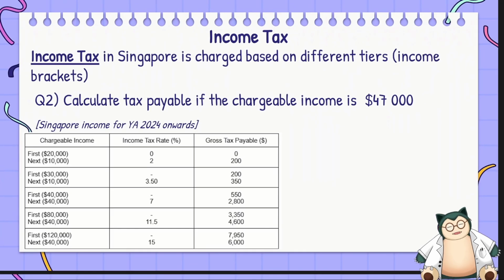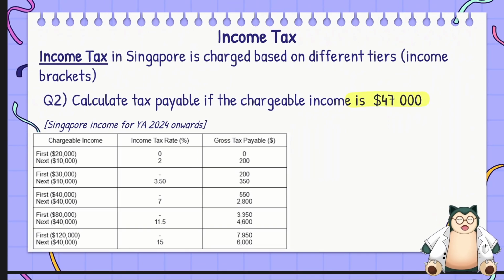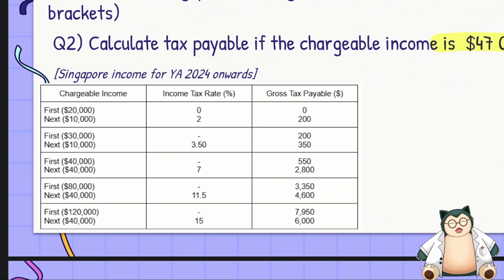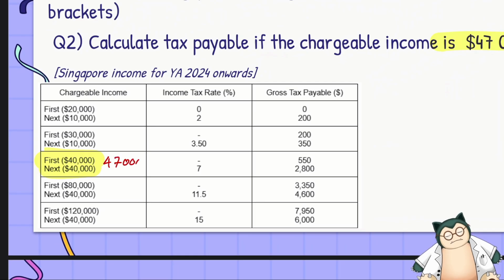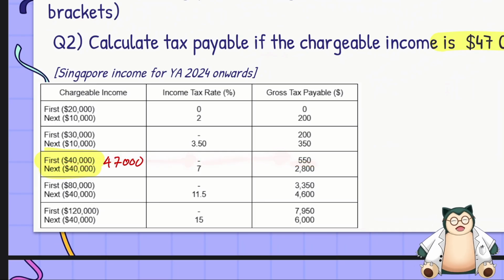What happens if your chargeable income is 47,000? Okay, so 47,000, let's look at our table. Where will it fall under? 47,000 will fall under over here. All right, so 47,000. The first 40,000 will be under the first row, which is $550. All right, that is what the government has helped you calculate.